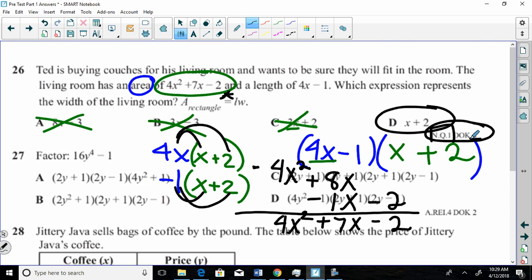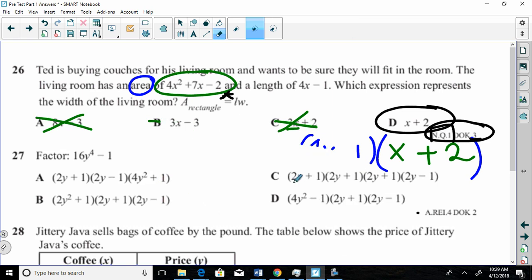Something that's straight up will be DOK 1. DOK 2 will be a little more work, and DOK 3 means you have to think outside of the box. They're not going to have those on the questions, I don't think. But when you're practicing, I usually will have the standard.